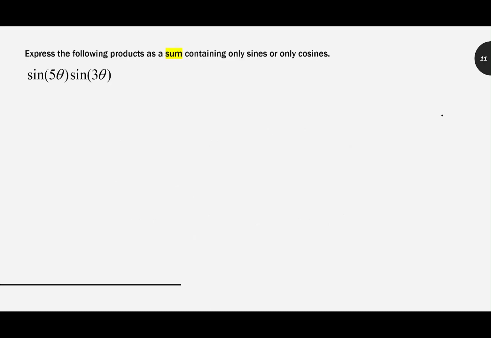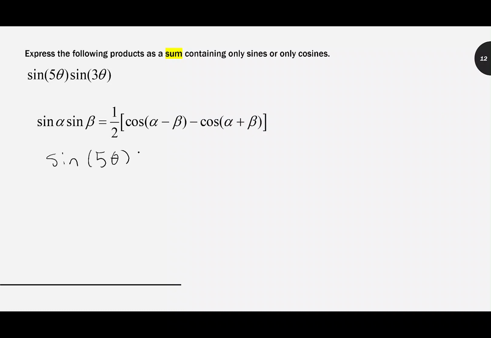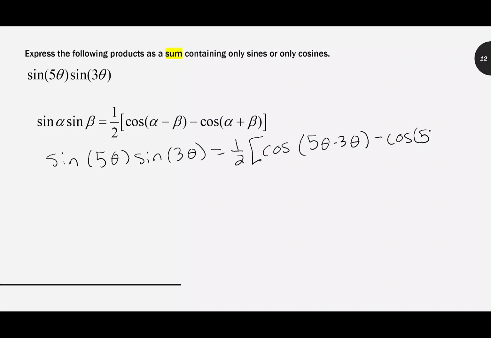Our first one says, express the following products as a sum containing only sines or cosines. I'm going to pull back in my formula for sine alpha sine beta. This says we can write sine of 5 theta, sine of 3 theta as 1/2 times the cosine of 5 theta minus 3 theta minus the cosine of 5 theta plus 3 theta.